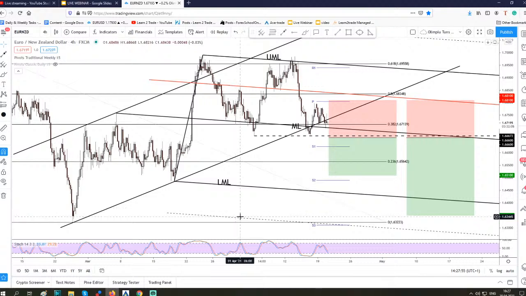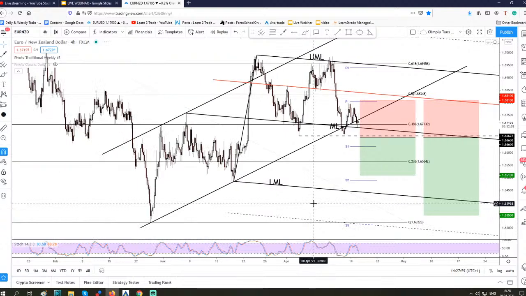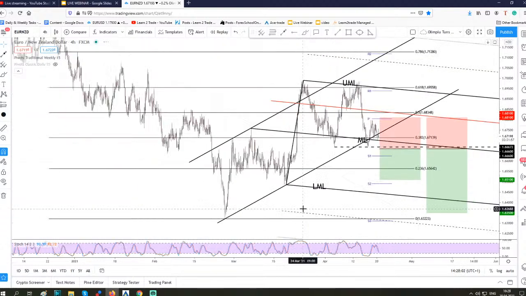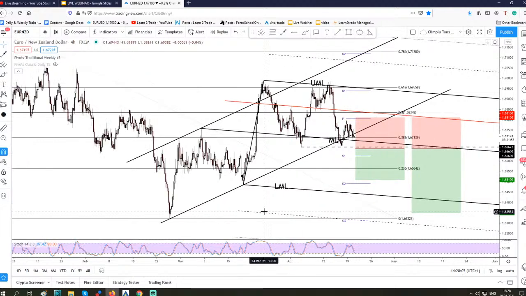I will also place a trade here, and this is only for you guys, for those who are live today in this webinar. I will update you on this selling position, but I will not post the sell stop into the VIP group.